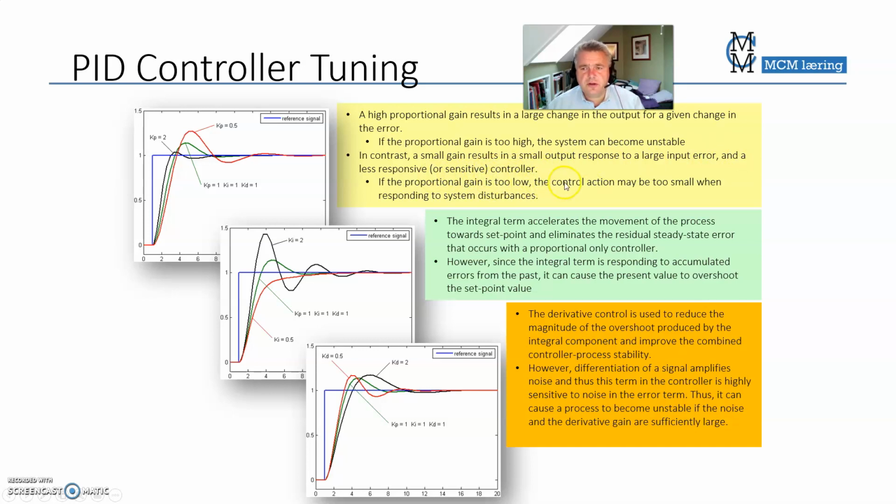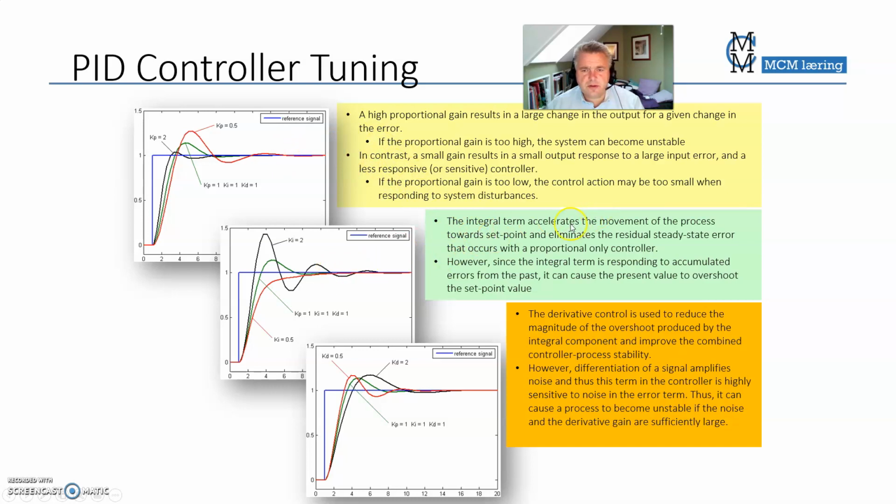If it's too low, the controlling action may become too small in its response to disturbances. So you see here for 3 different values of KP. If it's high, it's quicker, but it may become unstable, so there's always a risk. Unstable means that the oscillations will go on forever.